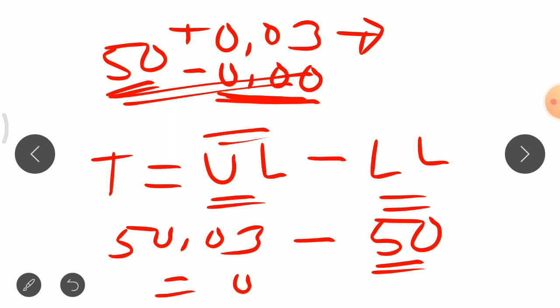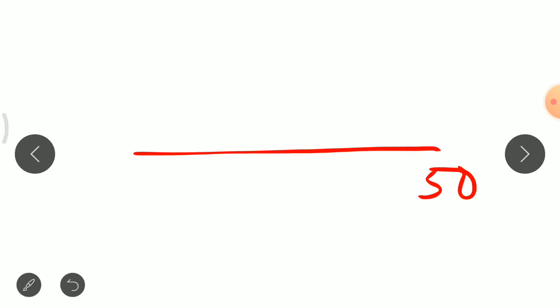Now we will plot both values in a diagram. Here the line indicates 50 mm as the basic size, above that we have the positive zone, and downward we have the negative zone.